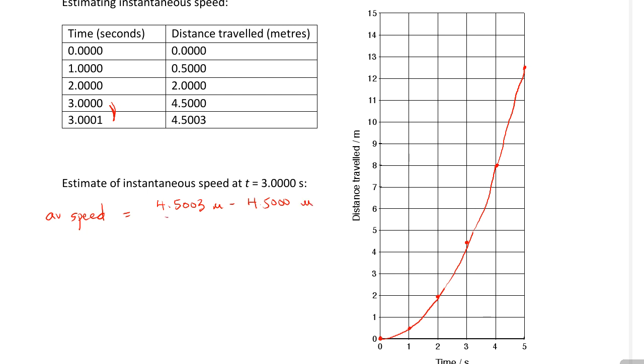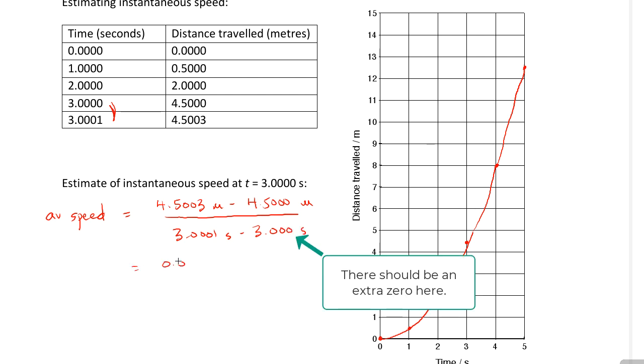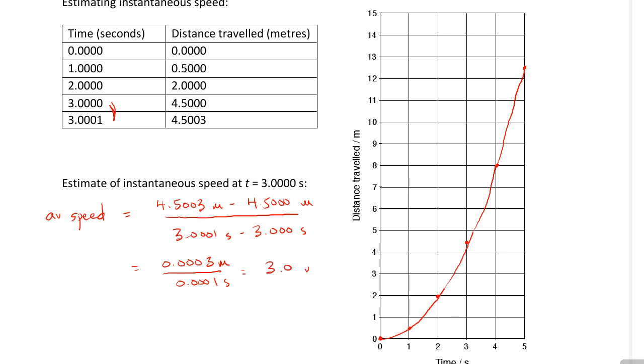That's the distance traveled, which is in the numerator, and then the time elapsed is that 1/10,000th of a second. And those numbers actually work out quite well, right? It's 3/10,000ths of a meter, divided by 1/10,000th of a second, and the average speed over that time interval is therefore 3.0 meters per second. That's the average speed over this very, very small time interval.